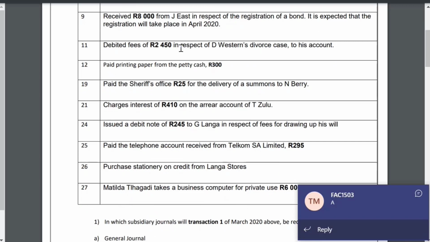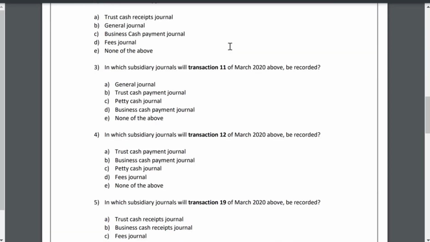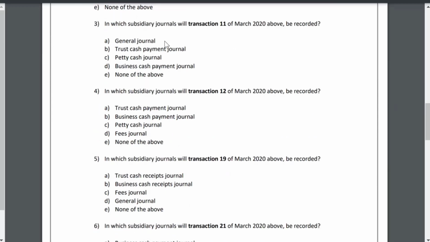Yes, well done, guys. Transaction number 11: debit fees of 2,450 in respect of the Western divorce case to his account.